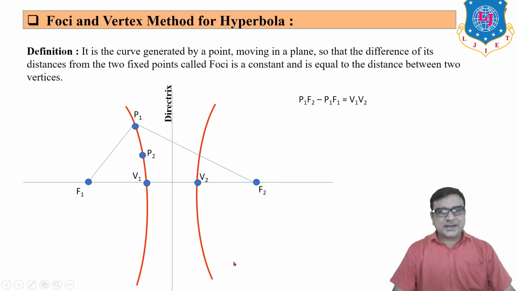If you select any other point P2, then P2F2 minus P2F1 also remains the same as V1V2, which is the distance between the two vertex points.